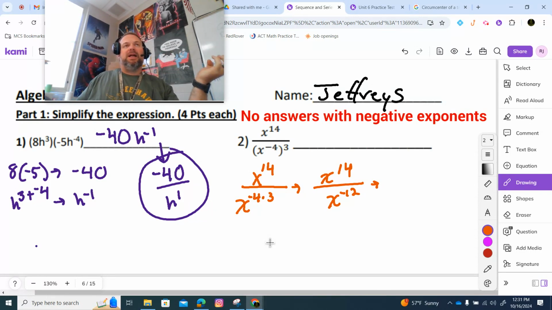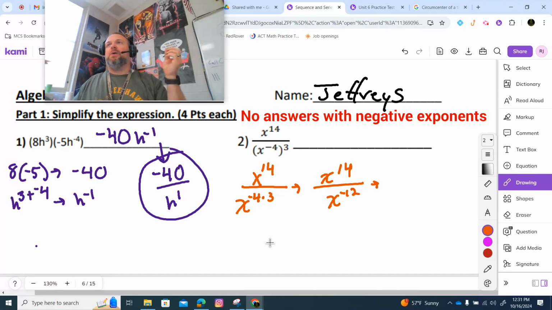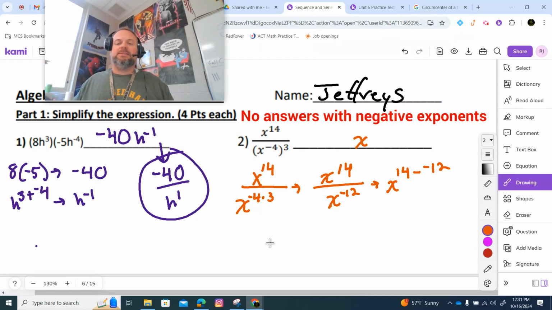When we multiply with the same base, we add the exponent. So when we divide with the same base, we should subtract. All right. So minus a negative, yes, makes it add. So we should get x to the 26th.